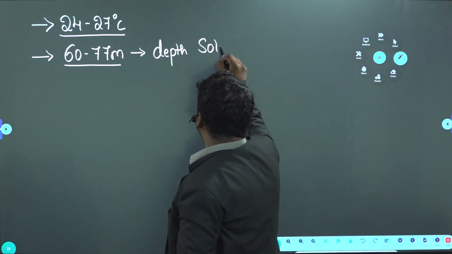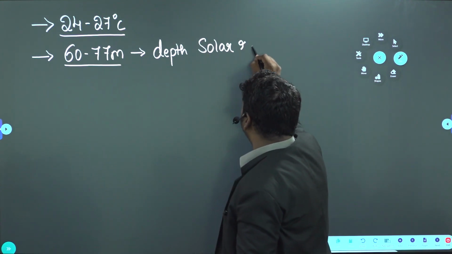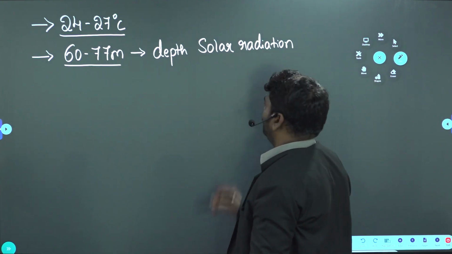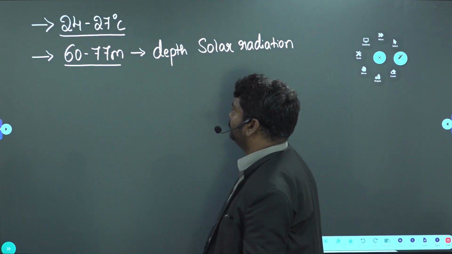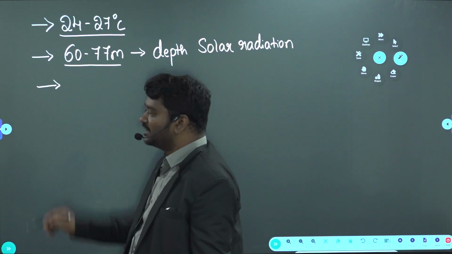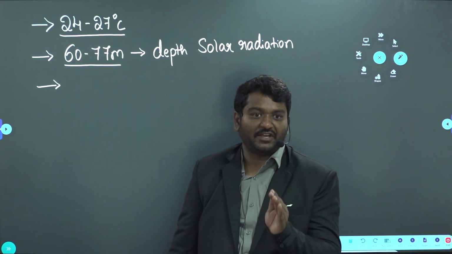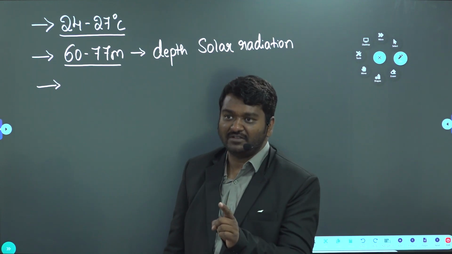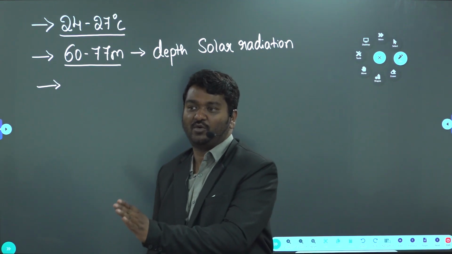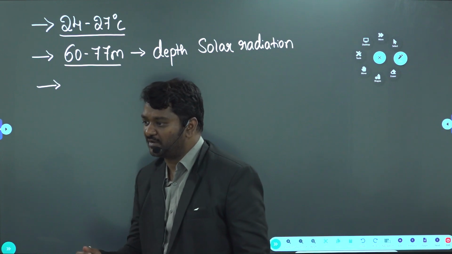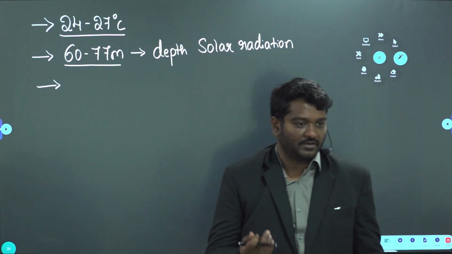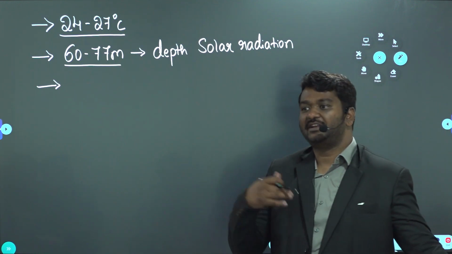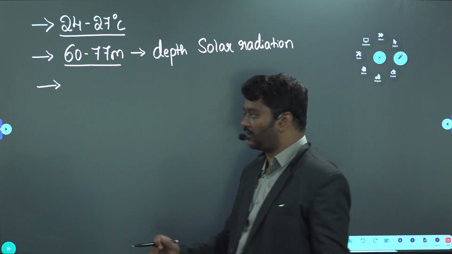There must be solar radiation. Another way of asking the question is, why cyclones are absent on the western side of the continents or eastern side of the oceans? Cold currents will be there. Cold water will be there. Why is it present on the eastern side? Warm water. Why is it absent on the western side? Cold water.